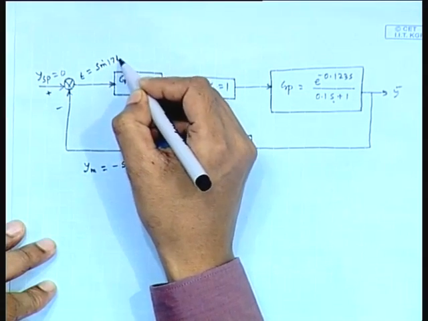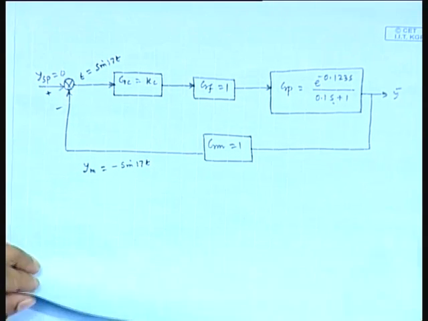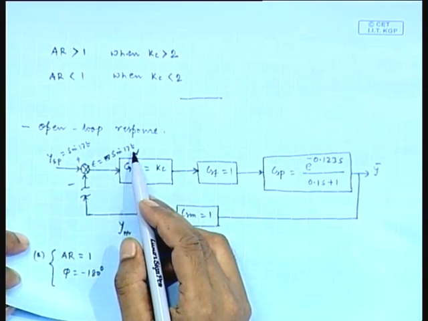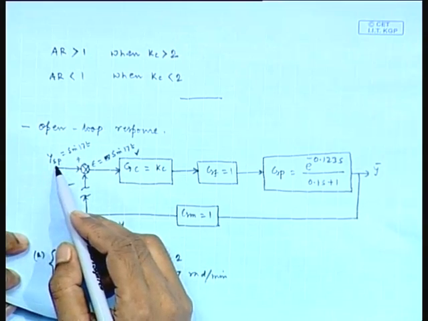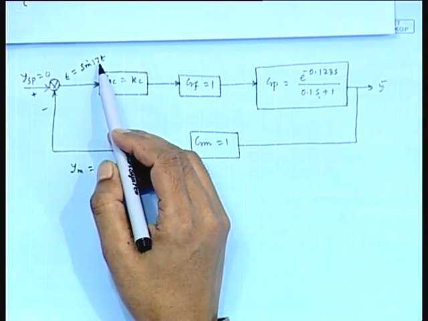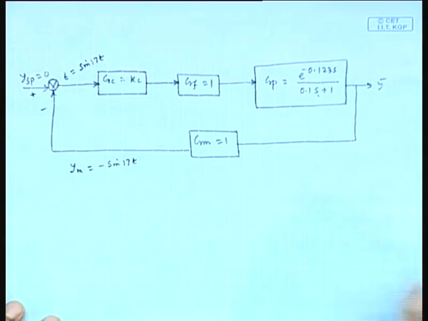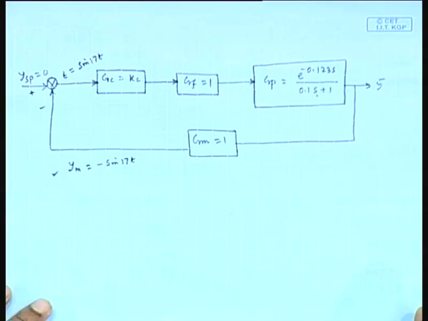Sin 17t. So, you notice that the error remains the same. In the open loop system, error was sin 17t. When we are closing this loop and we are introducing no change in set point, we are getting same error signal, that is sin 17t. So, error is sin 17t and we are getting output minus sin 17t.